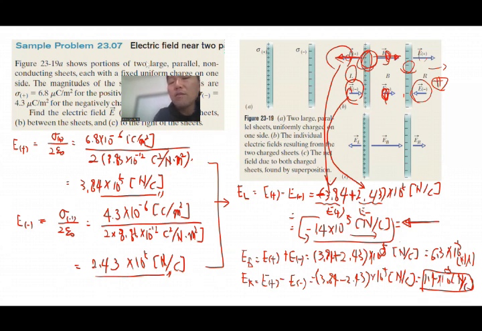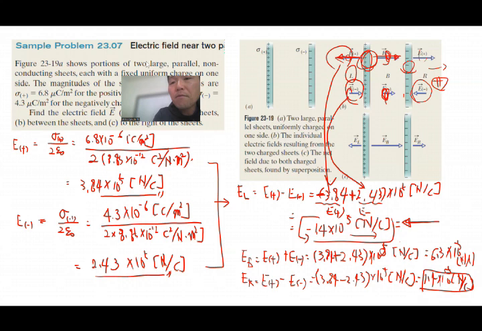So the direction of the electric field outside the two plates depends on the relative quantity of charges on the positive and negative plates, and also on their distance.